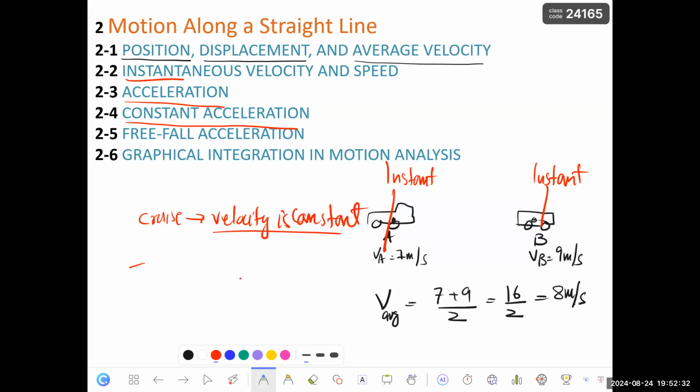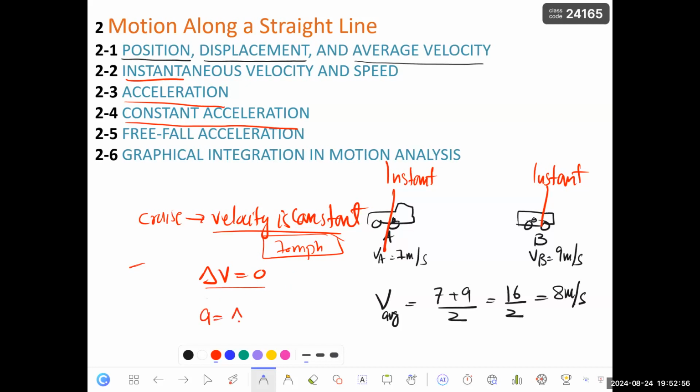So when your velocity is constant, it means delta V equals 0. Your car is going at whatever speed, say you put the speed at 80 or 70 miles per hour and then put the cruise on. It means the car keeps going at 70 miles per hour. The car's velocity is not changing, so the change in velocity is 0.